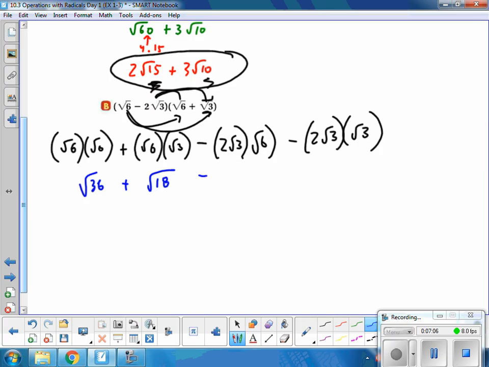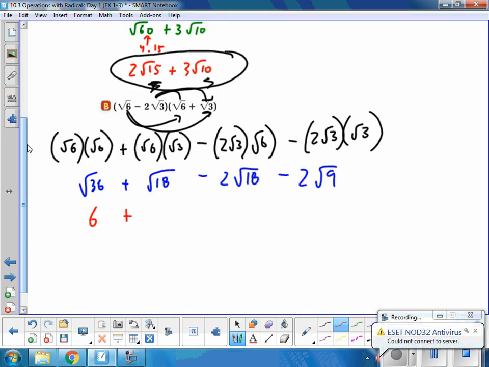I'm continuing to simplify here. I see square root of 3 times square root of 6 ends up with 2 times the square root of 18. I end up with 2 and square root of 3 times square root of 3, which is going to be 9, but some of you will see right away that's actually going to be the 3. Square root of 36, we end up with a 6 plus square root of 18.